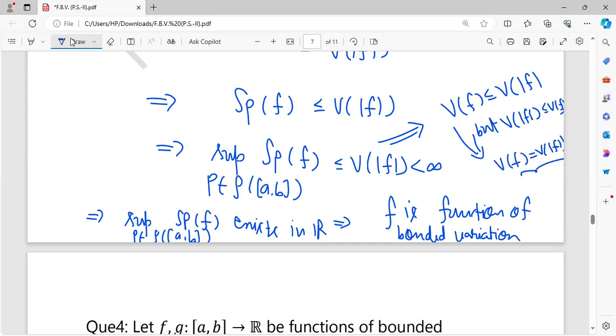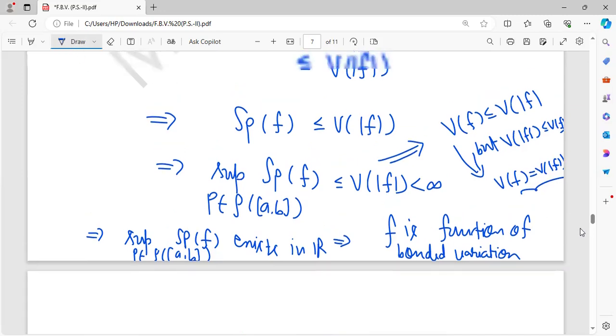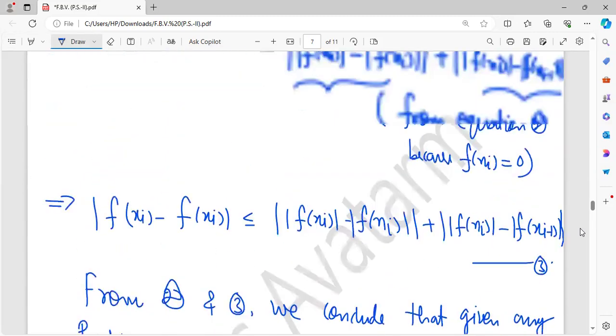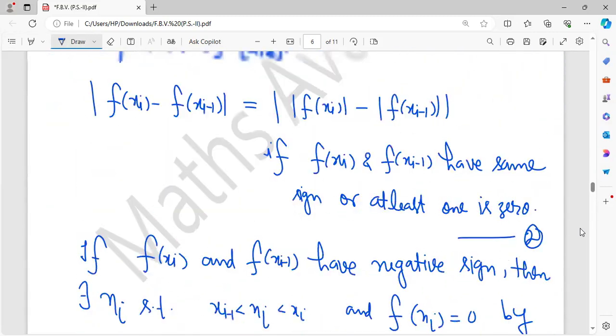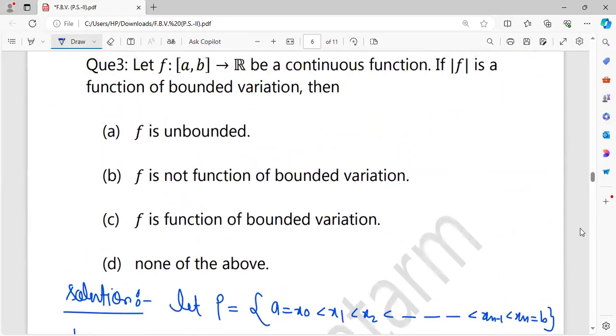Okay. If F is continuous, mod F is function of bounded variation, then F is also function of bounded variation. In this case, variation of F and mod F will be equal. Okay. This is not given, but I have done additional thing. So we have to choose option. So F is function of bounded variation. So option number C is correct. Okay. Option number C is correct.